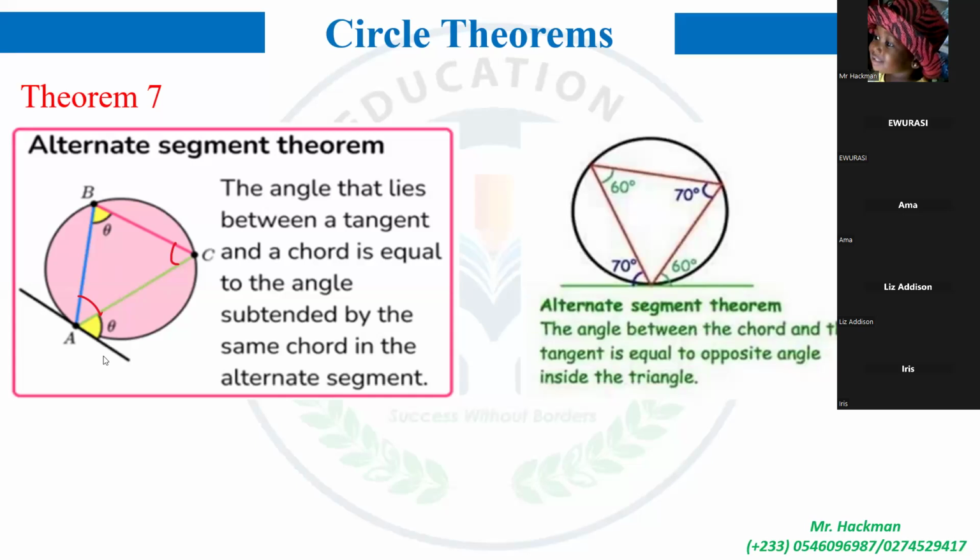So this is a tangent meeting the curve at this point A. And you can see triangle ABC, with one of the vertices sitting on the tangent, with the other two vertices at the circumference. So indirectly, you can see that all three vertices are at the circumference of the circle. So I can call this a cyclic triangle.